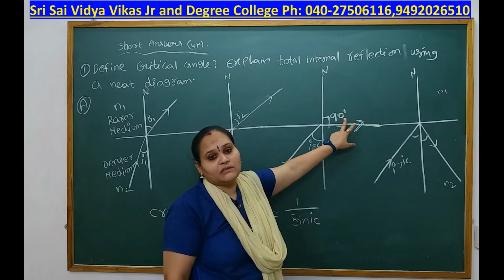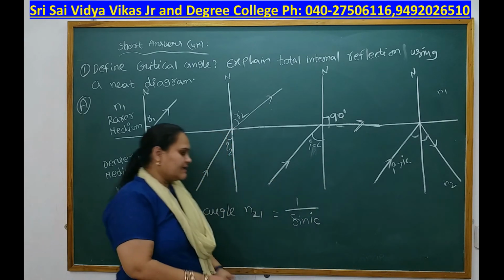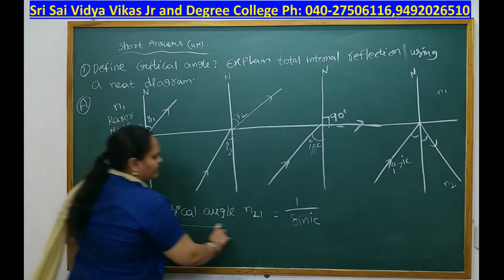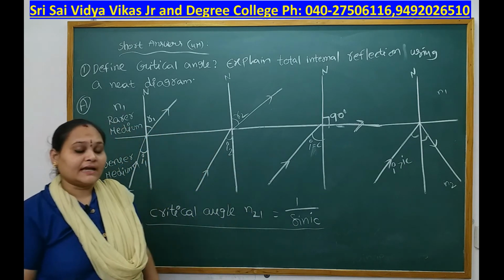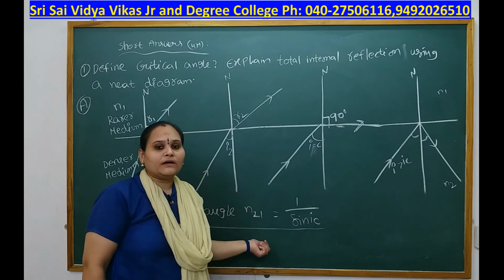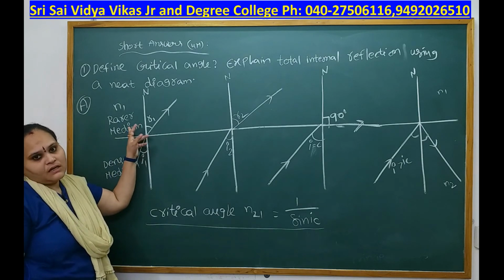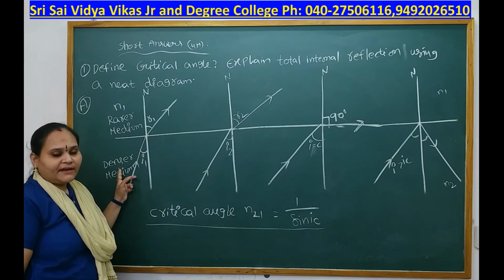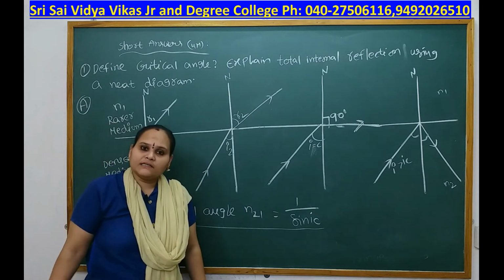This condition is the critical angle. It is expressed as N21 equal to 1 by sin IC, where IC is the critical angle and N21 is the refractive index of the denser medium with respect to the rarer medium.